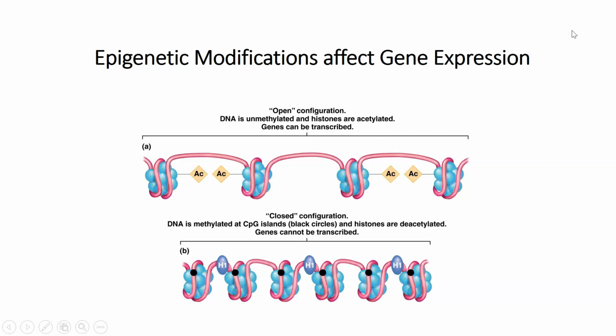And that favors gene expression because promoters and genes are more accessible for basal transcription factors and RNA polymerase II. And methylated histone H3, lysine 9 methylated histones, that favors tight packing, heterochromatin, and not accessible for transcription.